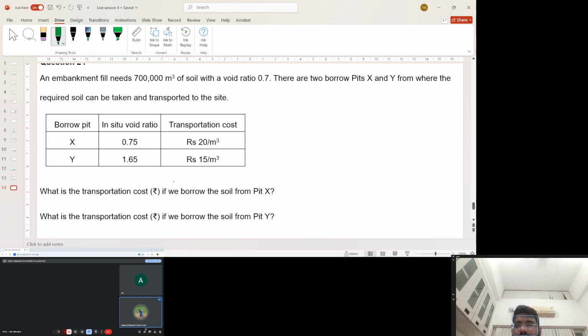We need to calculate the total transportation cost if we choose borrow pit X, and the cost for the same activity from pit Y. So we have to clearly demarcate this is X, this is Y, and this is the embankment or fill.